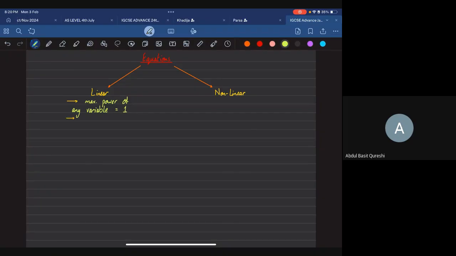So that is one other property of a linear equation, that it always forms a straight line graph, and the power of any variable is equal to 1. All right. Can anyone tell me what is the general form of a linear equation?